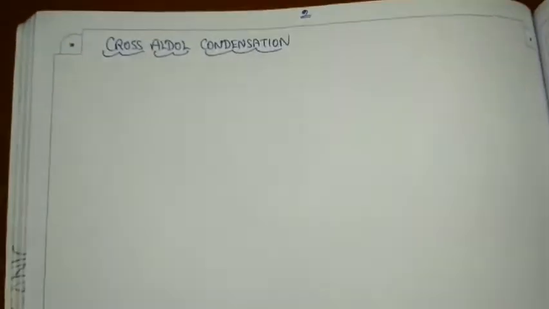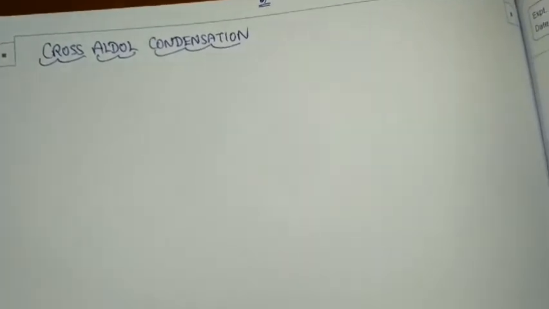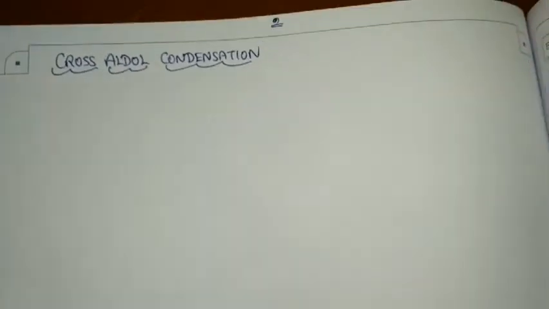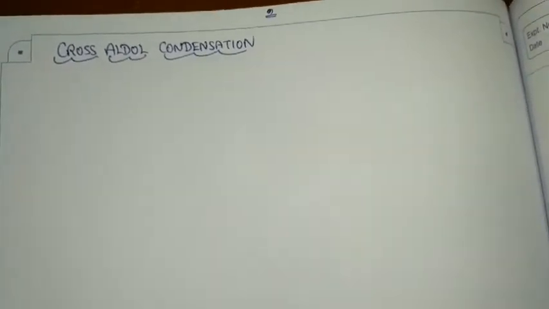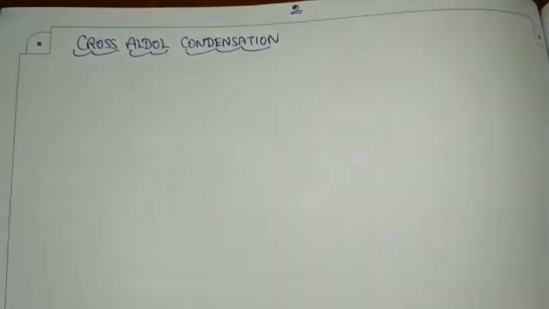And in the third lecture, we saw the Hell-Volhard-Zelinsky reaction, which is the reaction undergone by a carboxylic acid at the alpha carbon. And then we saw the introduction to the aldol condensation.